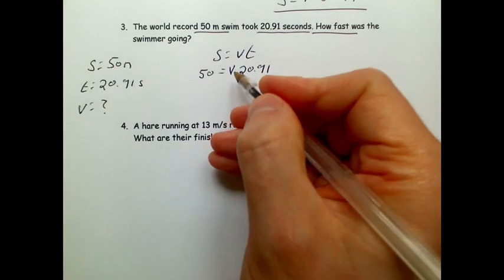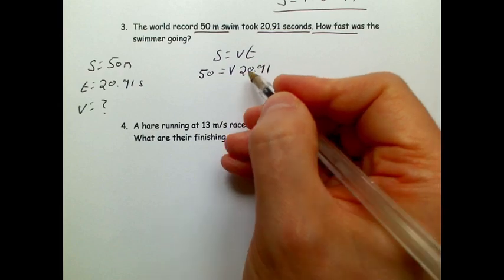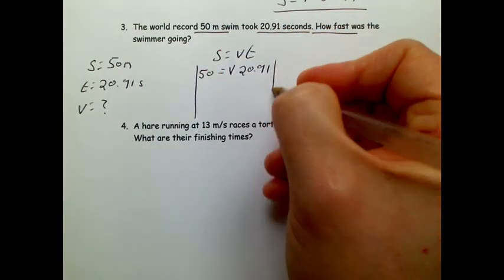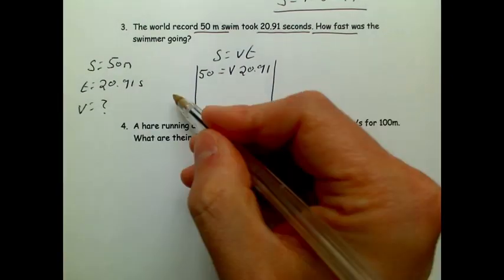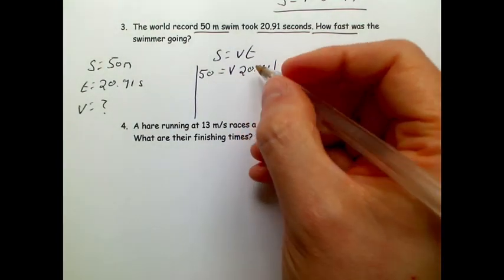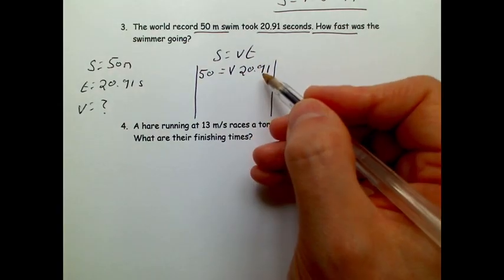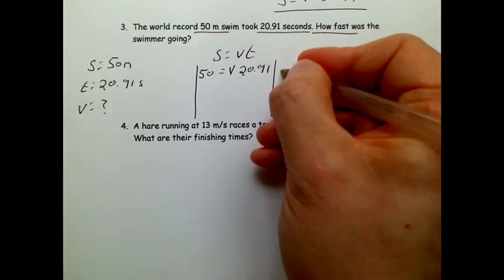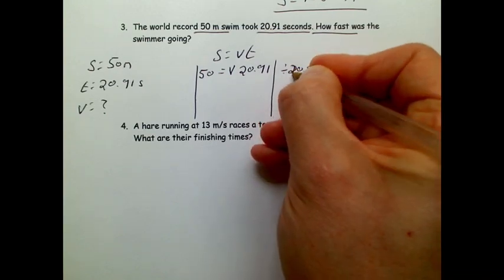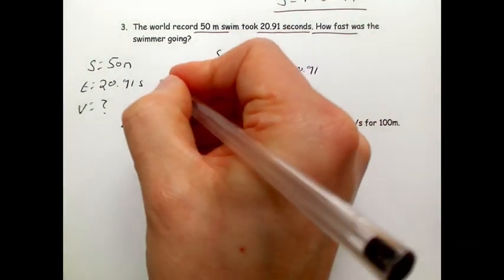So I need V, so I need to get rid of this 20.91 to leave V on its own. So I need to rearrange. I draw my lines down the side to make sure I've got workspace, so it's not going to confuse with what I'm doing here. So to get rid of V times 20.91, I need to do the inverse, so I need to divide by 20.91. And if I do it on one side, I have to do it on the other.